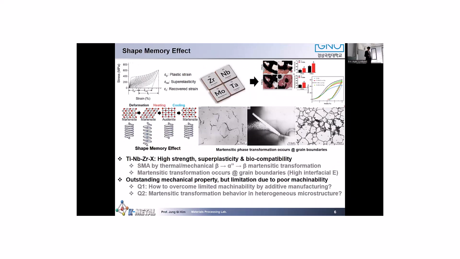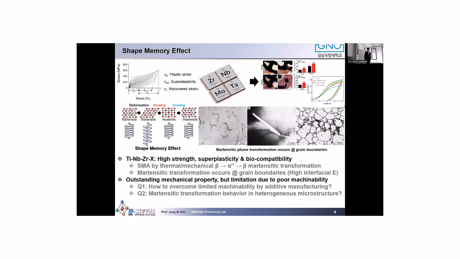This alloy system has several interesting properties. Not only outstanding mechanical properties, but also outstanding superelasticity and biocompatibility. When we impose thermal and mechanical stresses on these alloy systems, they start to induce martensitic transformation, and it returns to the beta matrix when we relieve the stress.